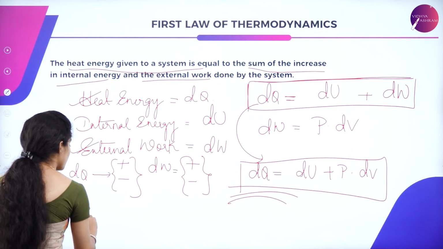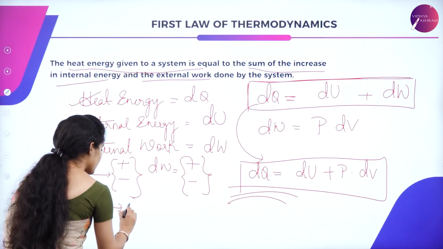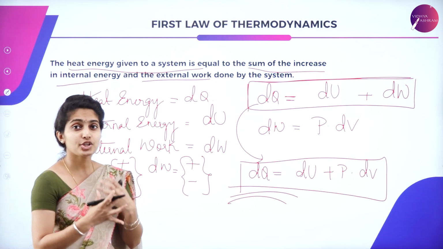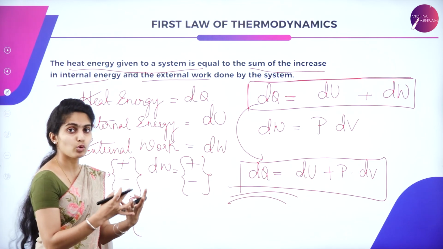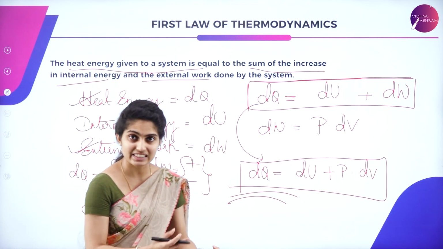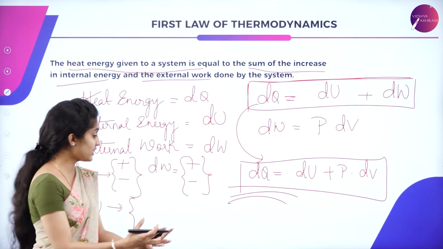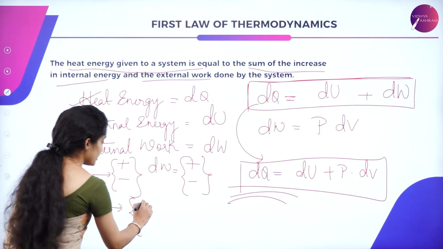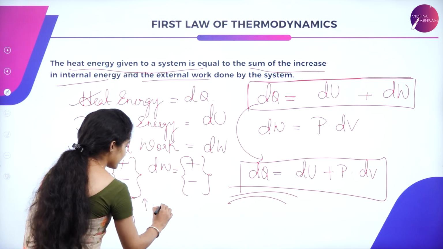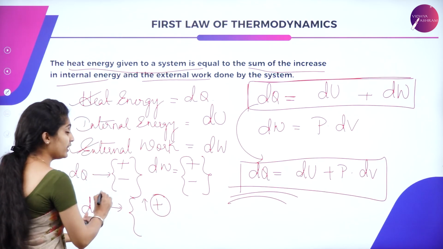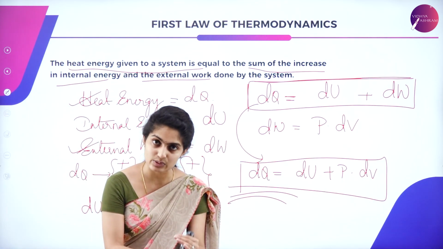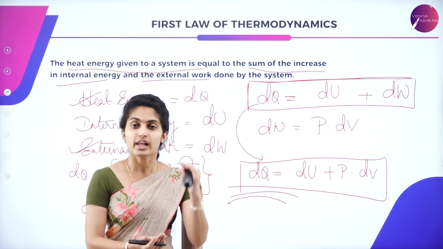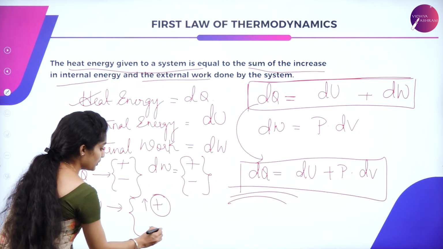Now let us go to internal energy dU. When the temperature starts increasing, that is, the heat energy is given more and more, when the temperature of the system is increased, then the internal energy is said to be increasing, that is, it is positive. When the heat energy supplied to a system is very small, then the change is said to be negative.